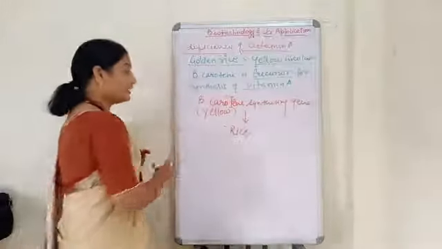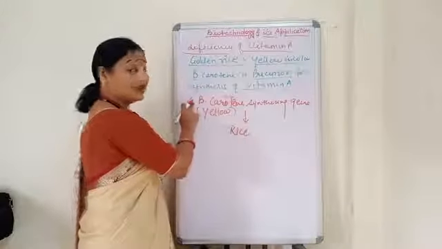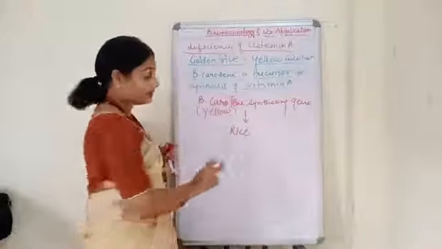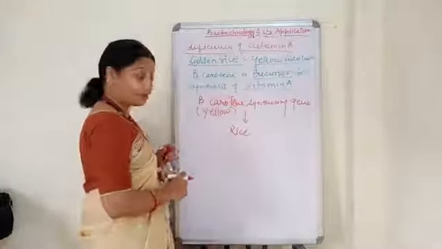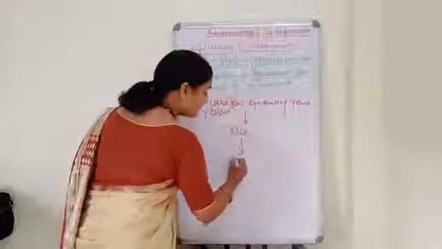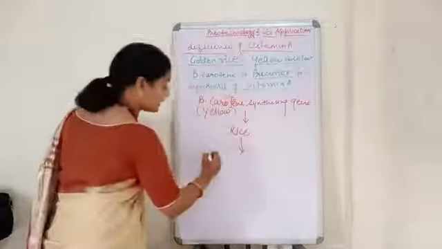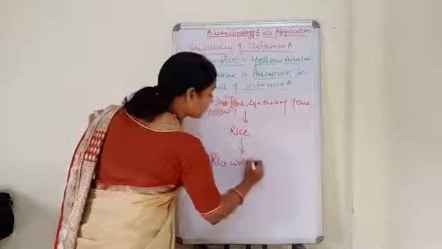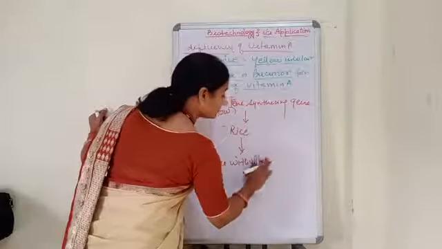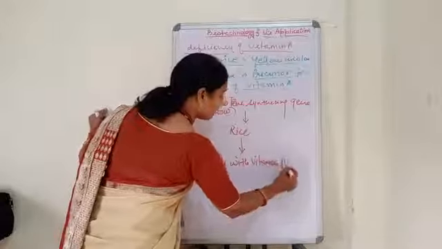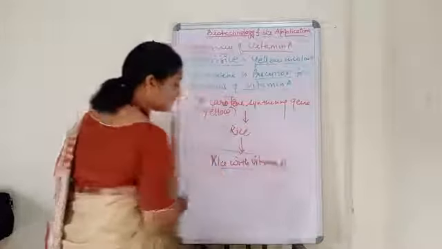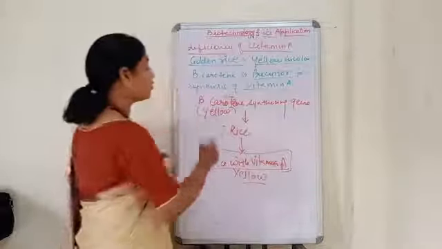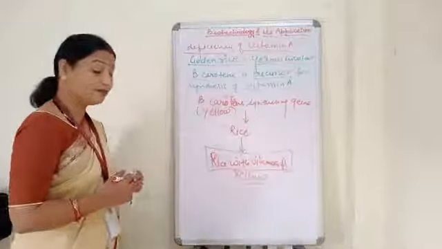So they introduced the beta carotene synthesizing gene into the rice, and now the rice has started producing vitamin A. And that's why it looks yellow in color and we call it golden rice.